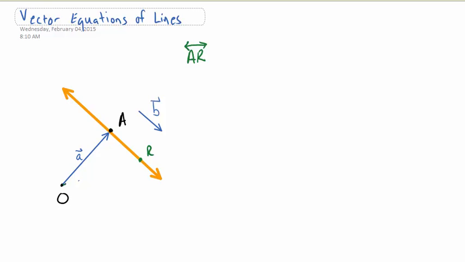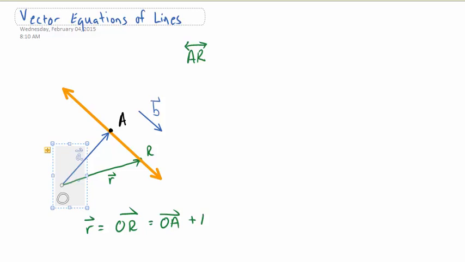We have vector R here. R is equal to vector OR, remember. And to get vector OR out of this, we would take vector OA and add to it AR.